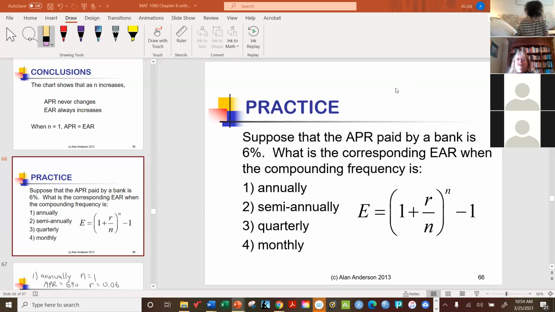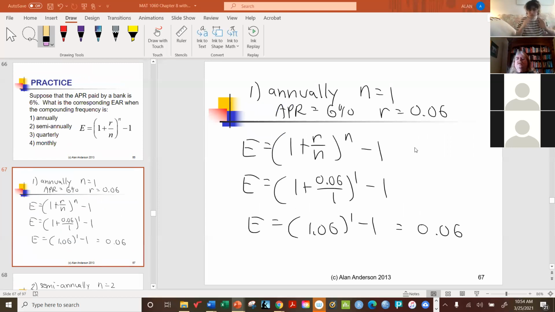Okay, does anyone have a number? This first one is actually a bit of a trick question. I'll show you why. Because with annual compounding, even when you plug in all the numbers, you'll see it's the same.